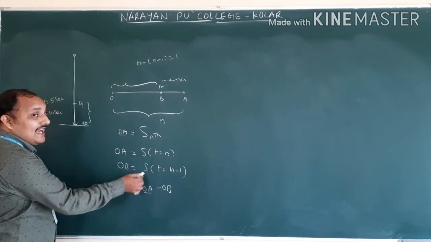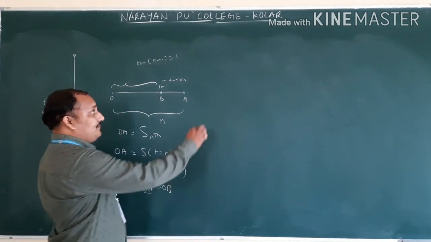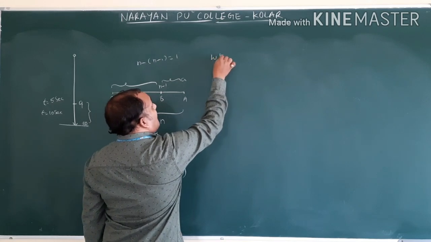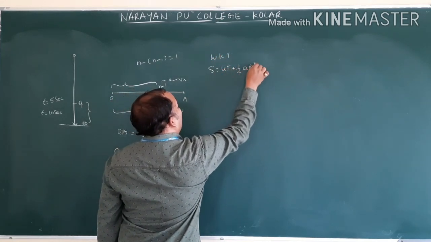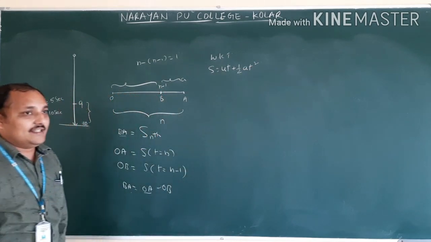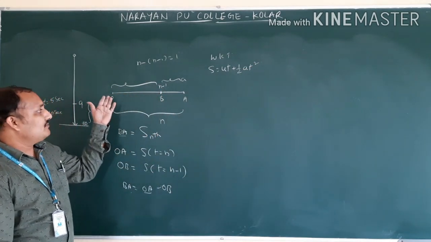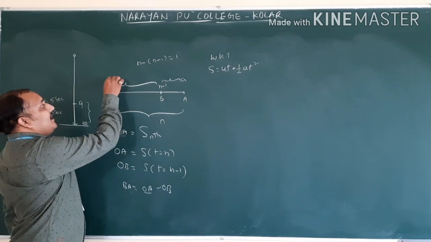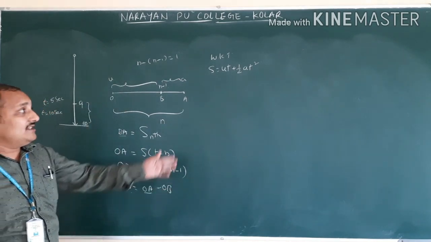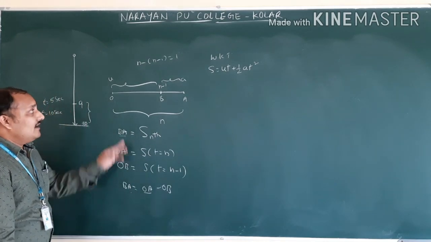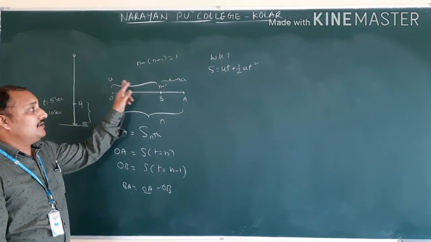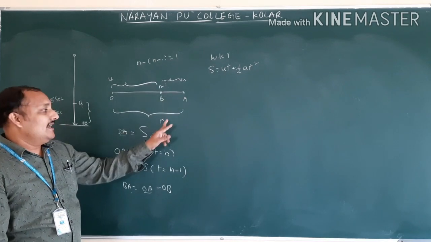Already these two we can calculate by using which formula? We know that S is equal to ut plus half at square. If the object is moving with initial velocity u, if you have taken rest, you won't get the u term in the final equation. So the object is starting with initial velocity u, and it reaches A in n seconds.